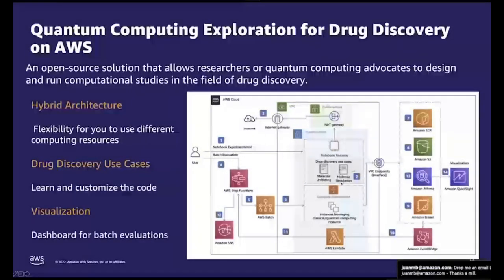You can see the details in that link. And also it provides you with a dashboard for visualization. In that dashboard, you can see the difference between quantum computers and classical computers in a clearer way. So actually, that's the basic introduction for this solution. If you have any interest, you can contact us. We can give you a more detailed talk about this solution.